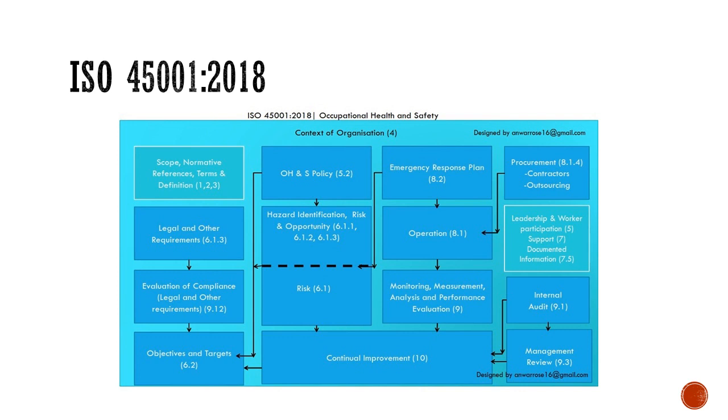So if you can understand this diagram, you will understand the whole conceptual part of the ISO 45001-2018 Occupational Health and Safety Standard. This diagram was prepared in consultation with my mentor for this specific standard, and I have designed it.